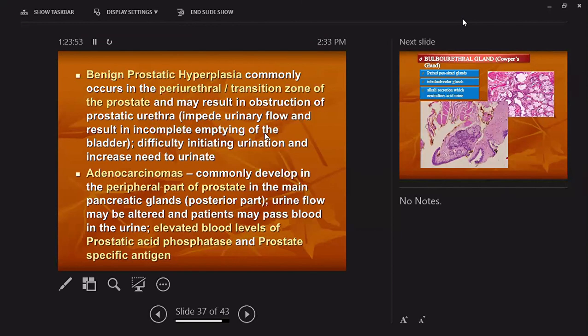And of course, the lining epithelium, you have only 2 things to think about: the one with the stereocilia, and the other without. You have the transitional, and most of these glands.